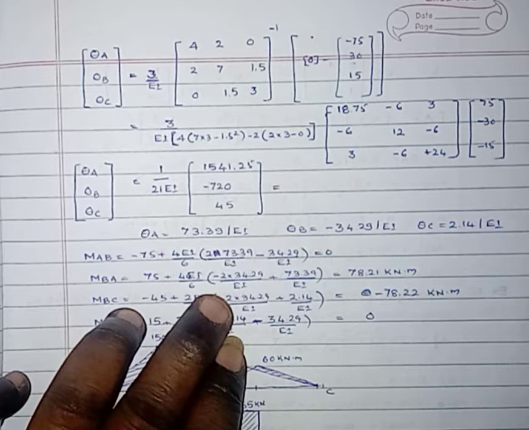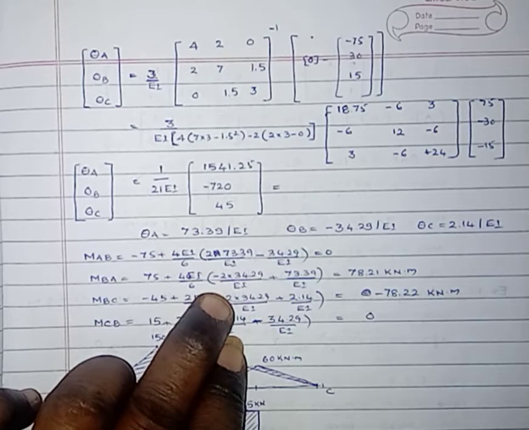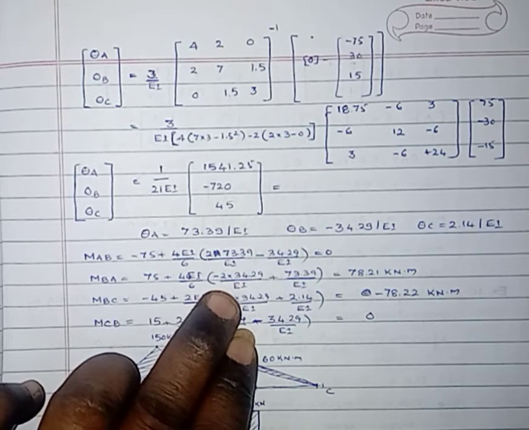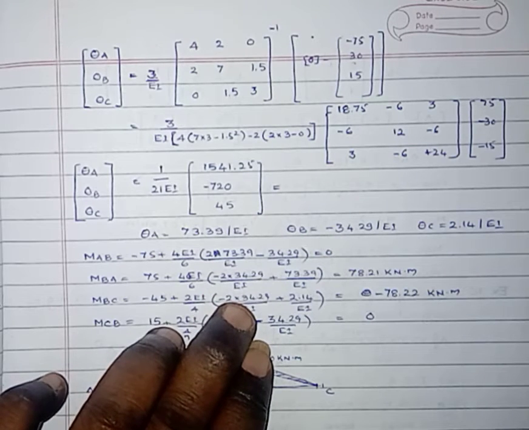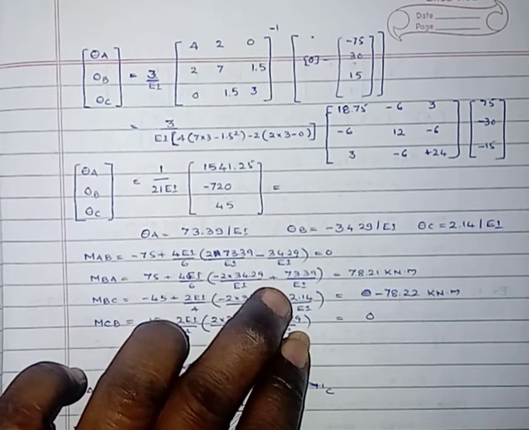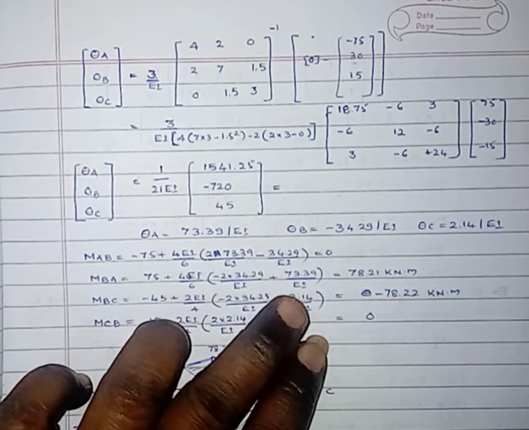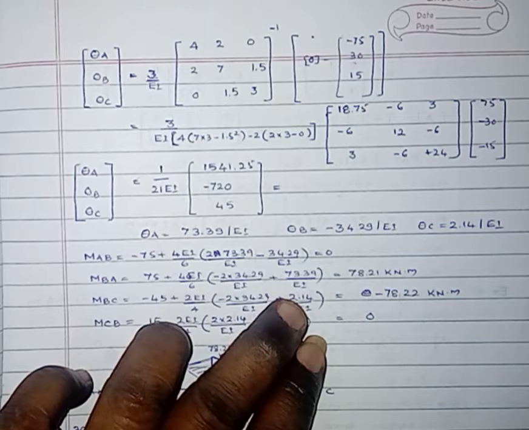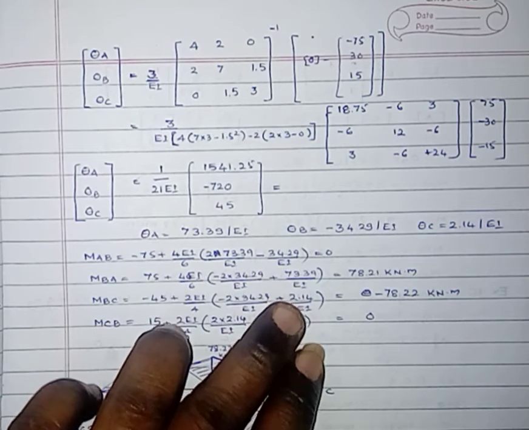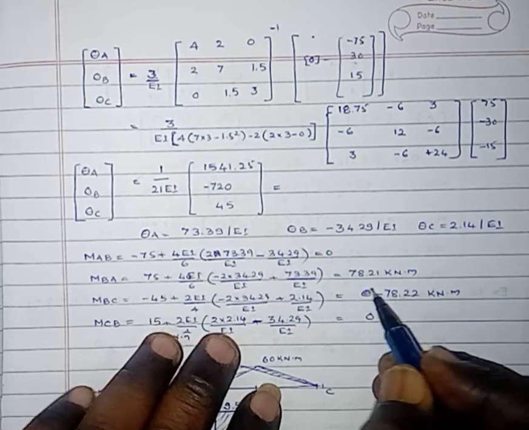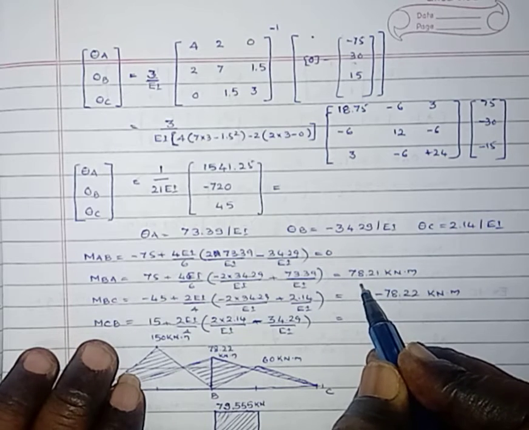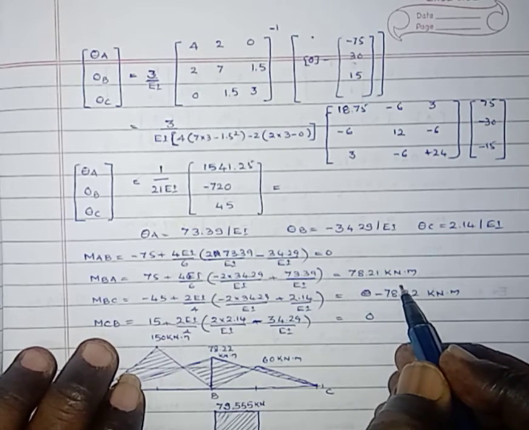Inside the bracket, 2 theta B, the near end is B, hence that is minus 2 into 34.29 by EI, plus the far end A, that is 73.39 by EI. Just now we have calculated theta A. After simplification, you will get 78.21 kilonewton meter.